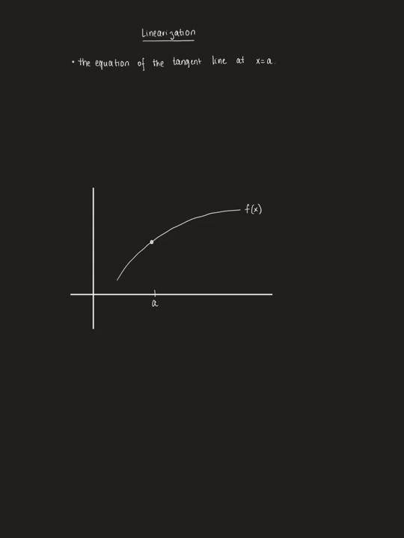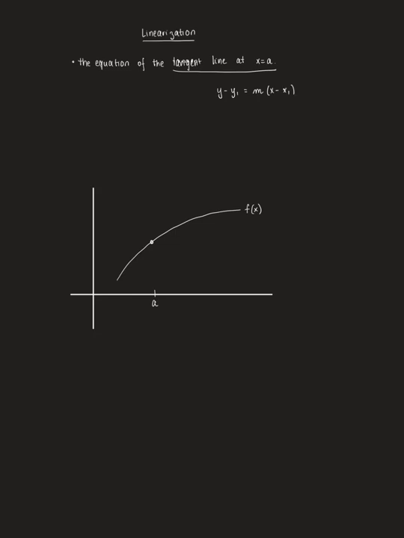And this is no different than what we've done before. The linearization, or the linear approximation of a function, is the equation of the tangent line at some point x equals a, right? We've done this already. We looked at the tangent lines using the point slope equation, y minus y1 equals m times x minus x1.